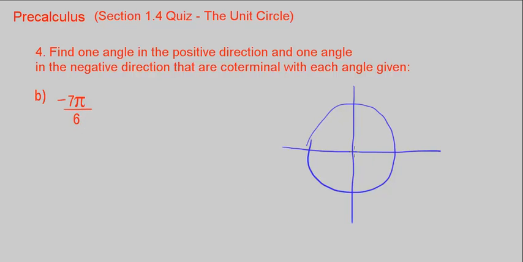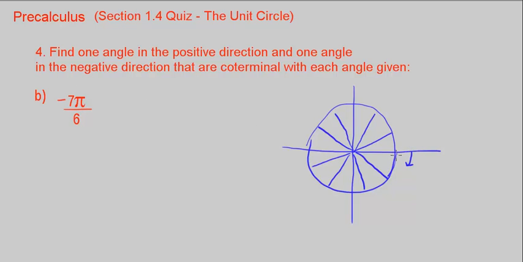So we know that if we break each one of these up into 3 equal sections, each one of them is going to be pi over 6. Each angle we have now is pi over 6, right? So you go up here, it's pi over 6, 2 pi over 6, 3 pi over 6, right? But we have a negative, so we want to go this direction, right?